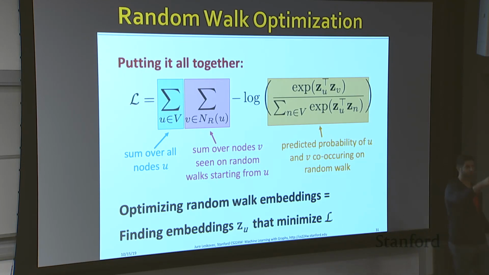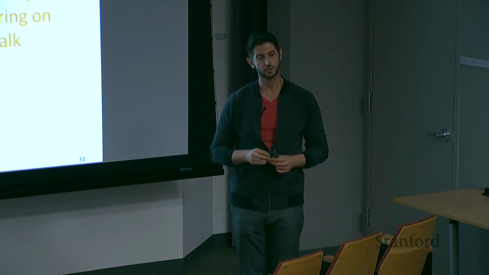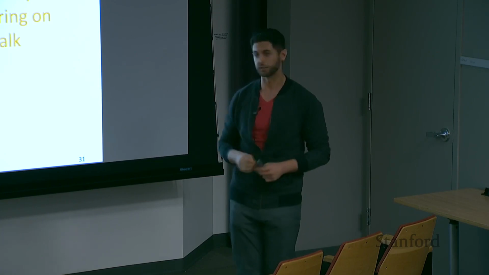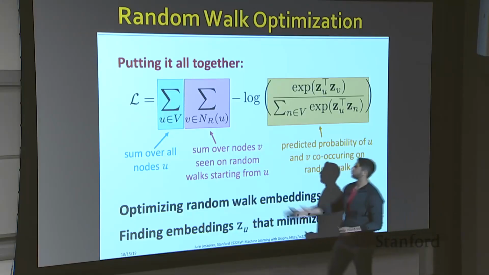There was a question. Yeah. So is the idea behind using this loss function to create embeddings such that if we do have random walks, the loss function will be at the minimum possible value? Exactly. We're minimizing that. That's why we have a minus here.